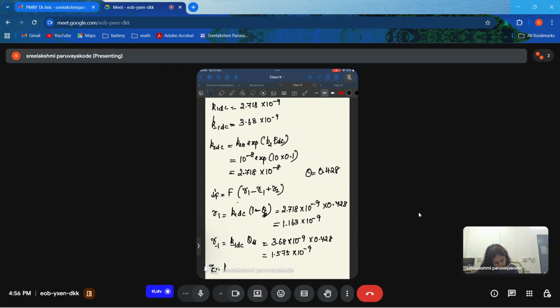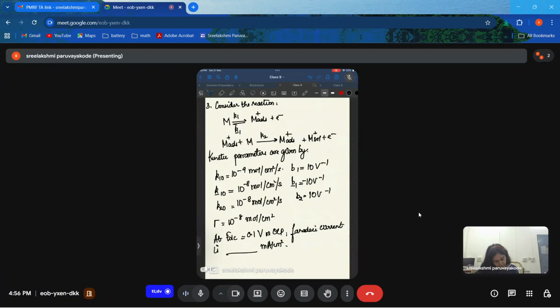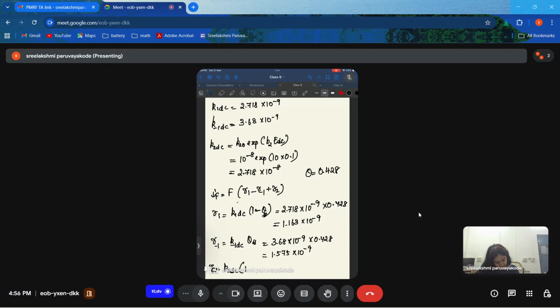R2 equal to K2 DC into 1 minus theta into theta, which is 2.718 into 0.428 into 1 minus 0.428.